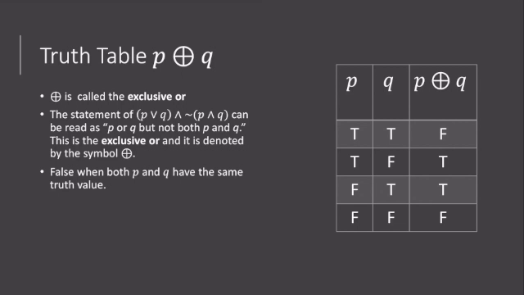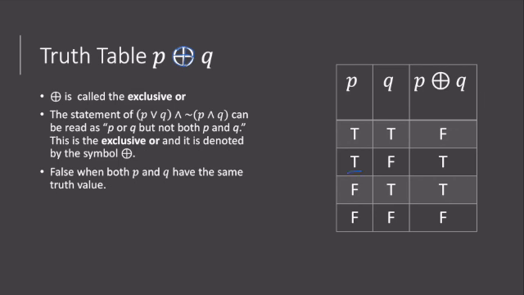The exclusive or, denoted with this beautiful symbol right here, is read P or Q, but not both P and Q, okay? And this is only true when they have opposite truth values.